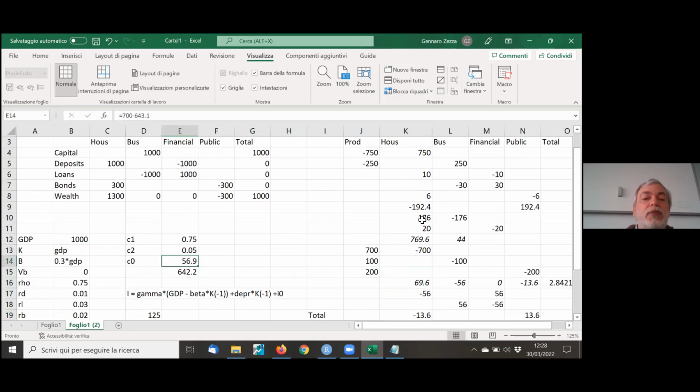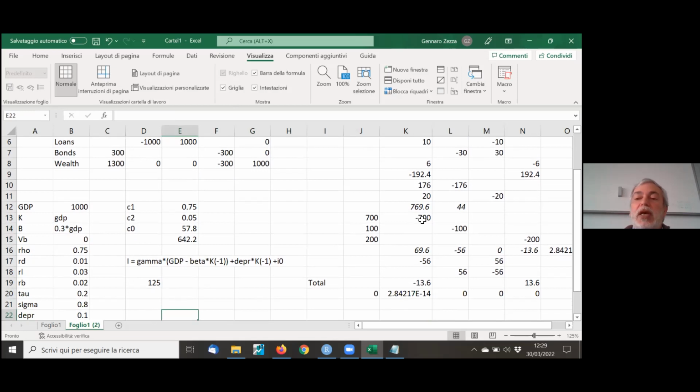So now consumption given by C1 and C2 is 642. So here this needs to be 700 less 642 times 2, and it should be okay. And hopefully everything else is going to be the same because the other numbers have adjusted correspondingly.